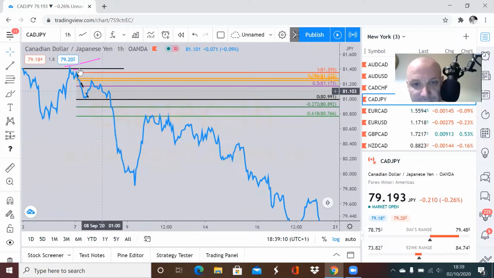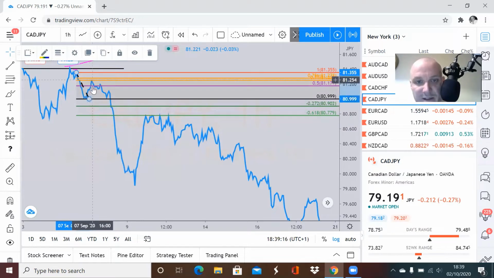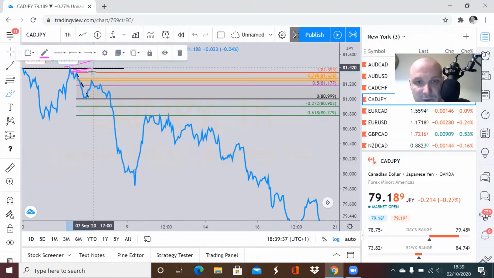We've come down, we've come back up, and we've retested to the pip. This here, if you went to the 272, you're looking at about 35 pips to the 618. There's 45 pips. So if we mark that out, we can see we've done it from there.